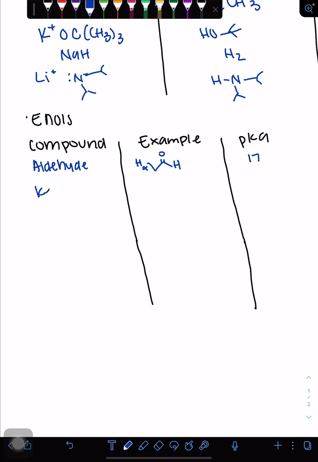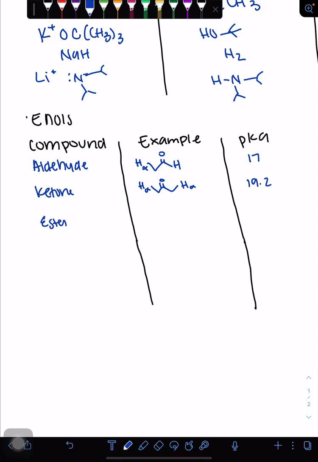If we had a ketone, and we had this, for our example, these hydrogens are both alpha groups, and the pKa is 19.2.